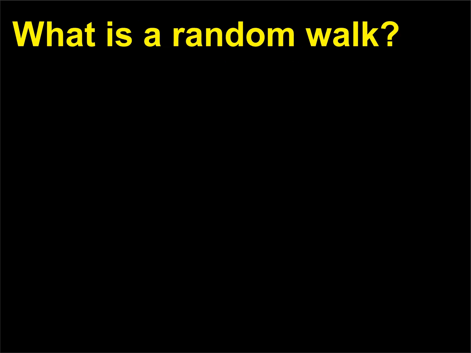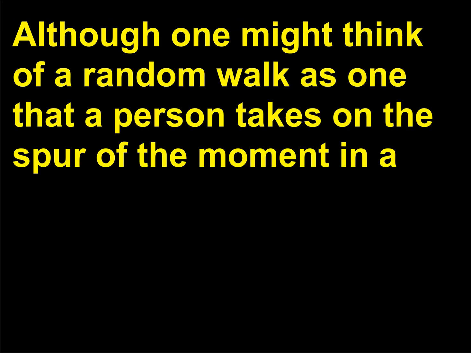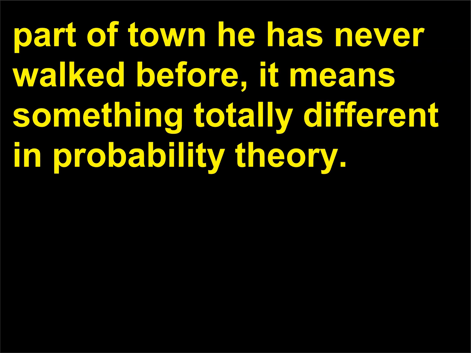What is a random walk? Although one might think of a random walk as one that a person takes on the spur of the moment in a part of town he has never walked before, it means something totally different in probability theory.